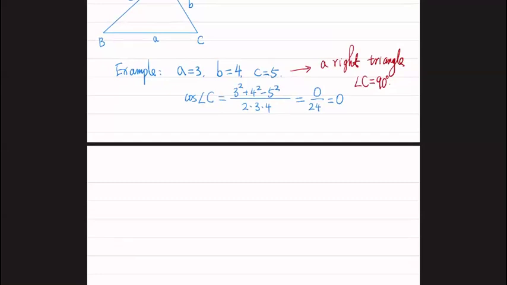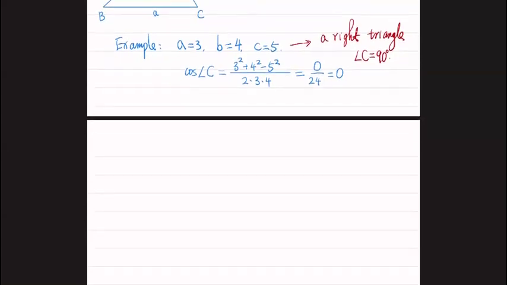Next, we will start a new chapter, chapter 5, about circles. The first time we encountered circles in this class is the Euclid 5 postulate.